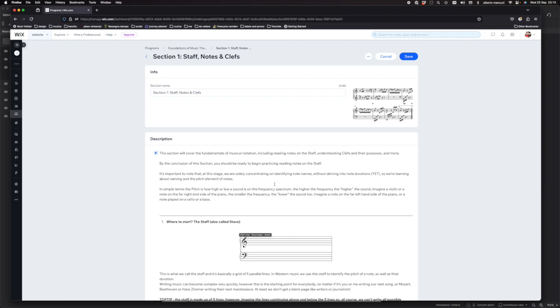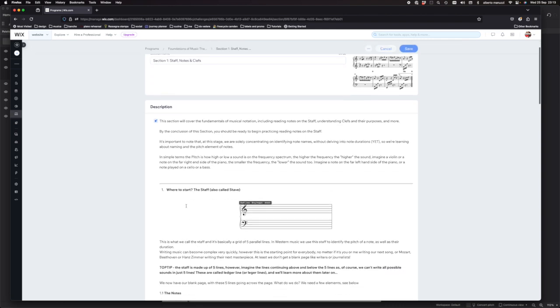So at the moment, it's only about understanding how we recognize, in a staff, what note is what. How should we call a certain note or another?